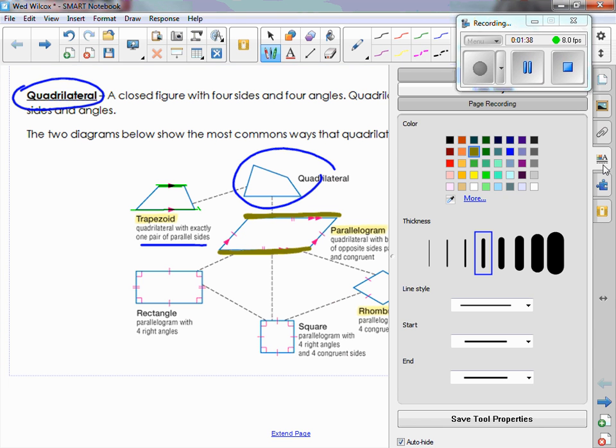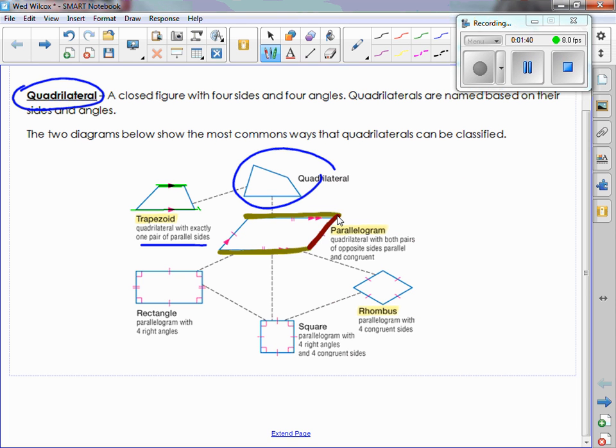Then your other side of congruent parallel sides make up your second pair. So we have 2 pairs of parallel congruent sides to form a parallelogram. A parallelogram is a type of quadrilateral. Because it has 4 sides, 4 angles, it's automatically a quadrilateral.